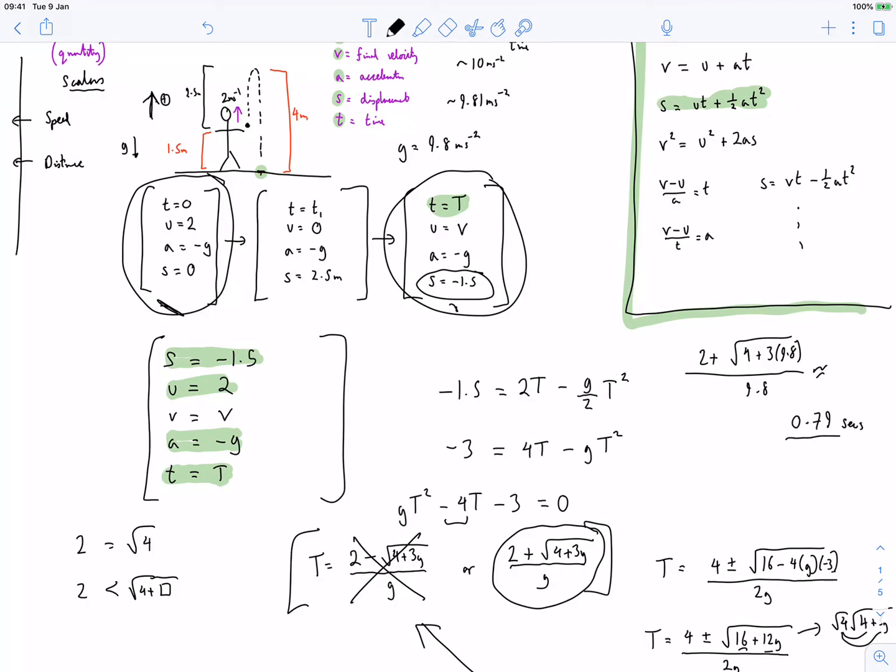So it's not in the air very long. And that probably makes sense because I'm not particularly high off the ground. I've thrown it a bit wussily. It's barely been in the air for a second before it hits the ground.